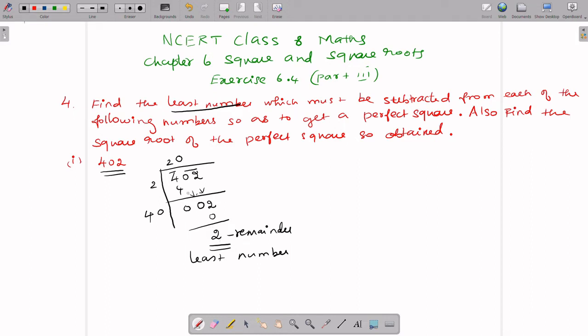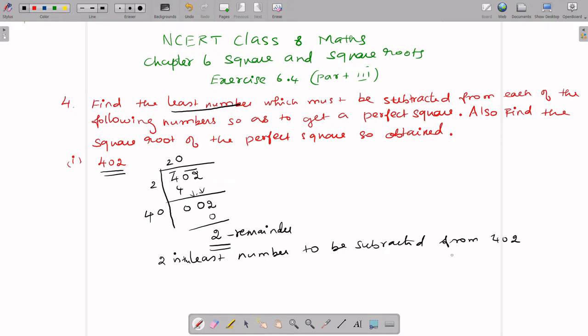So 2 is the least number that must be subtracted from 402 to make a perfect square.